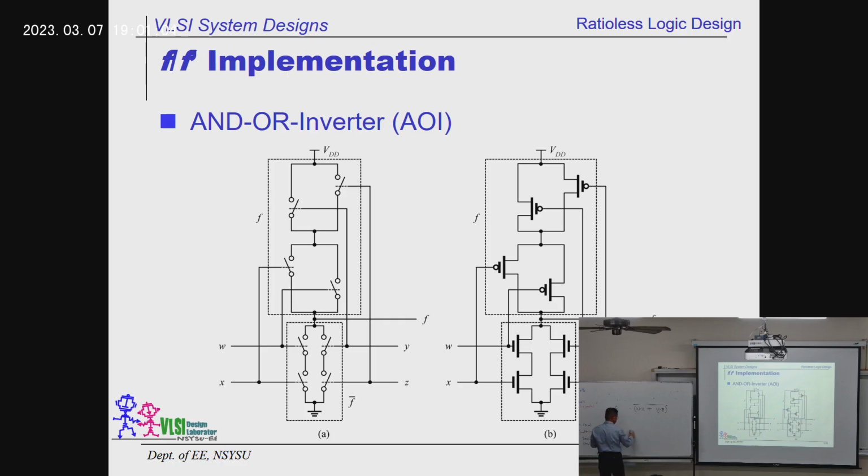Then we can move this one to over here and take this away. If we just look at the bottom of that circuit, we understand we have an AND, then we have an OR, then we have an inverse. So this equation is abbreviated as AOI.